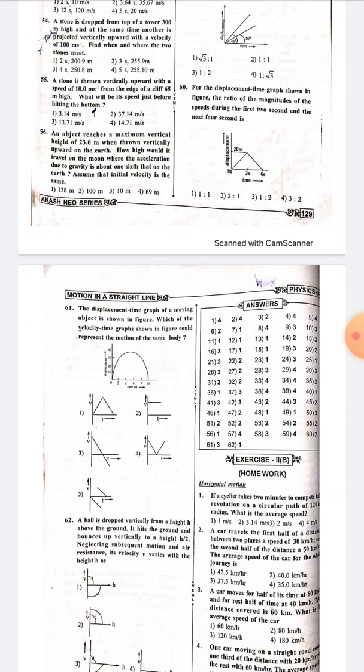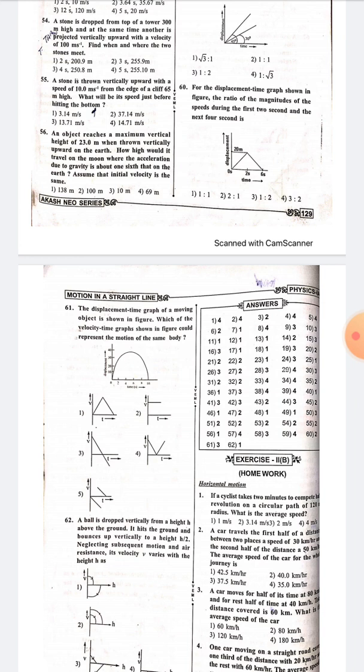h equals 300 equals, we don't know the t, so we are going to find the t. 100t minus 1 by 2 into 9.8 into t square. Why am I going to take minus g in the place of a?